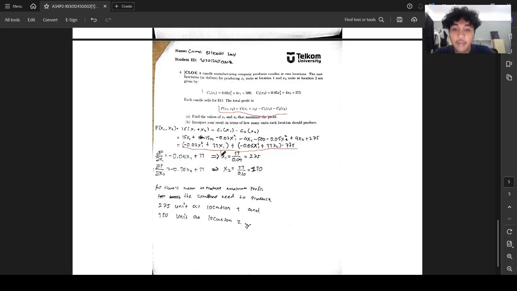And here we're gonna find the critical point, and we got x1 as 275 and x2 as 110. That means to get the maximum profit, the company needs to produce 275 units at location 1 and 110 units at location 2.